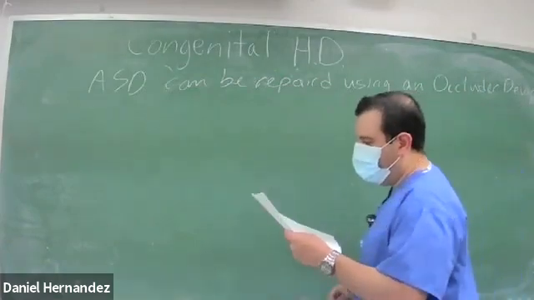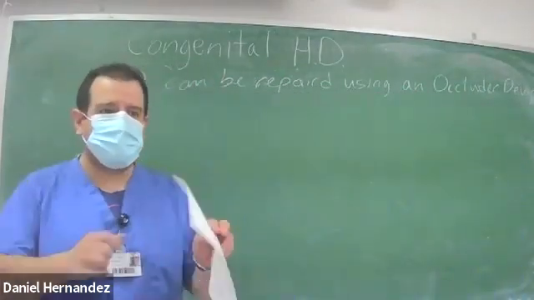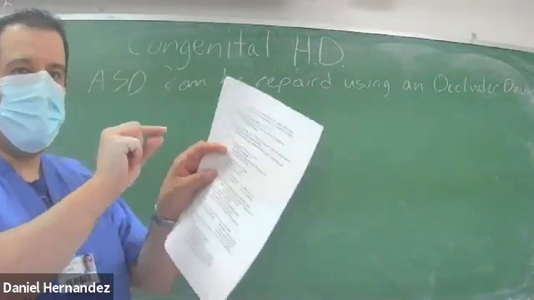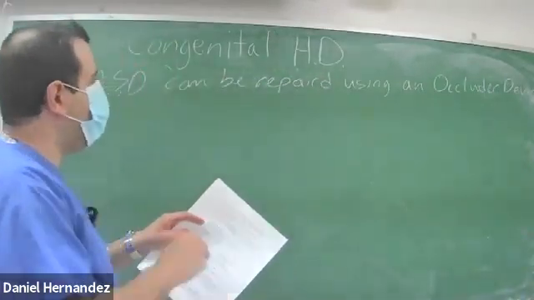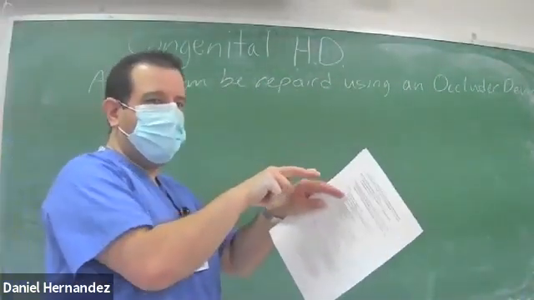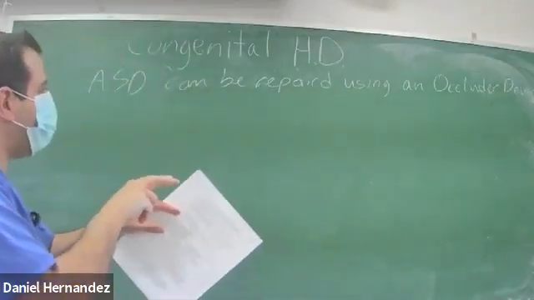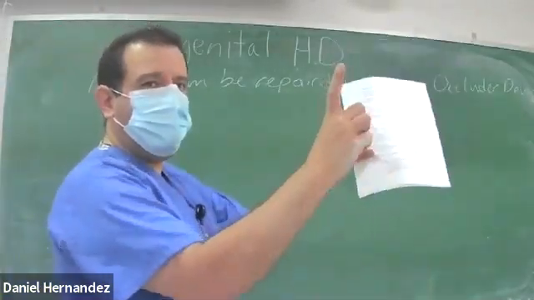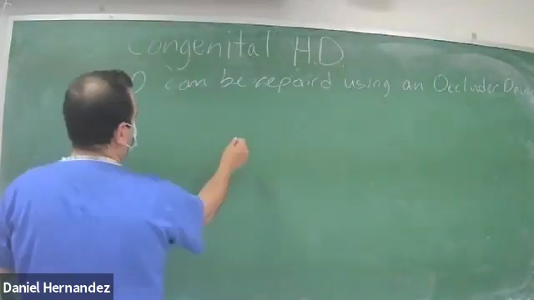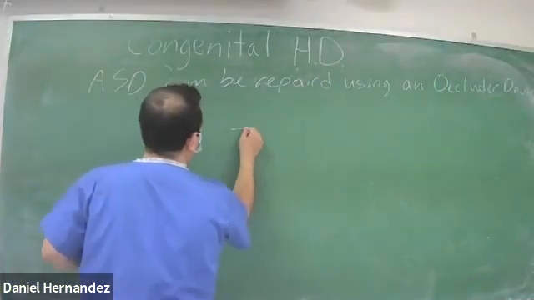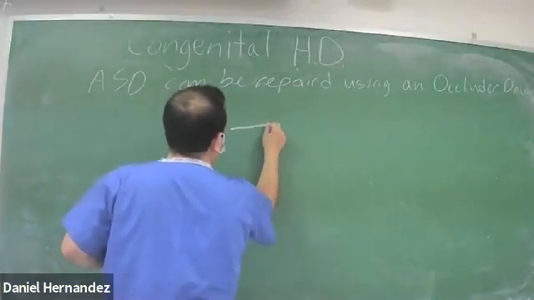An occluder device looks kind of like a little umbrella that's fed through a catheter. They insert the catheter into the actual ASD, and they open up this device that looks like a little umbrella. If I had to draw an occluder device, you have your little catheter.